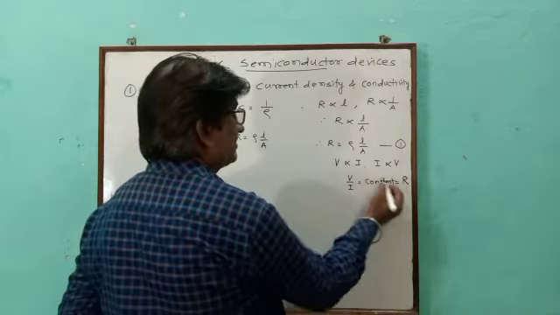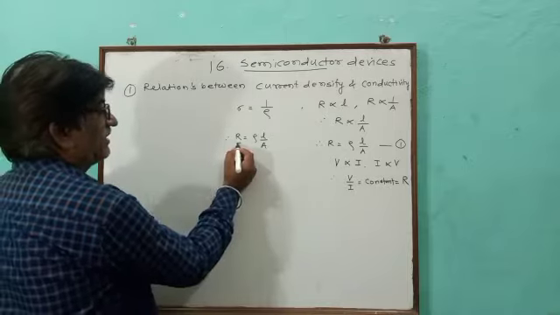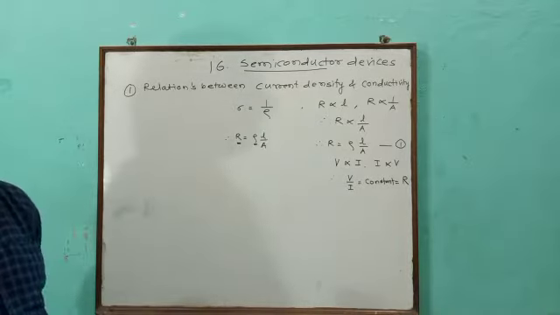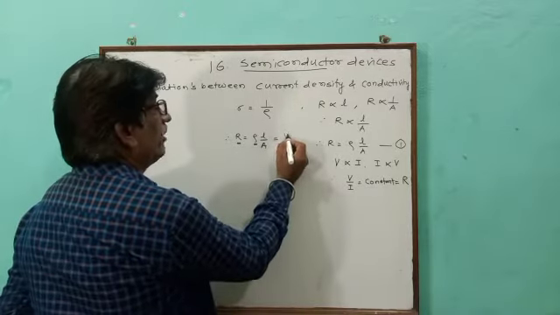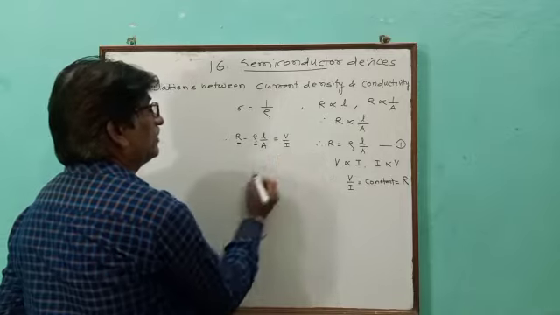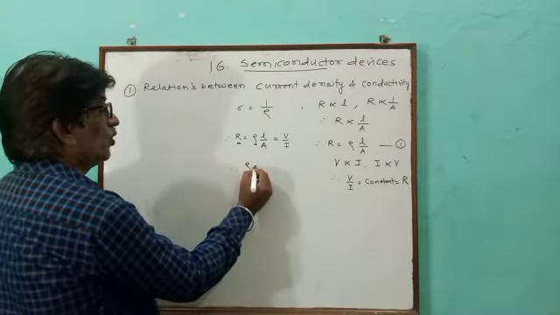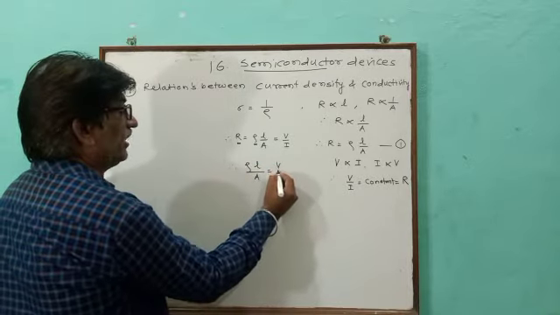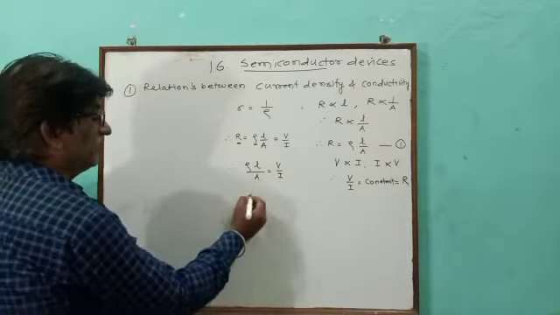So resistance is equal to V upon I. If this equation is the same, we say that rho L upon A is equal to V upon I. Rearrange the terms.